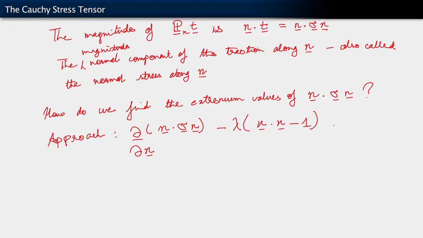So the idea is that we take this entire function now, and rather than compute the derivative with respect to n only of the first term, we construct a different functional.